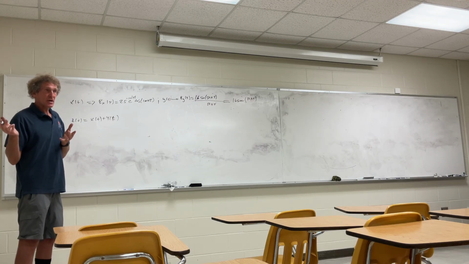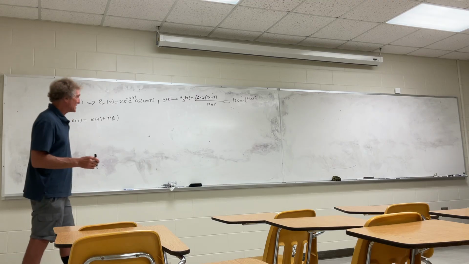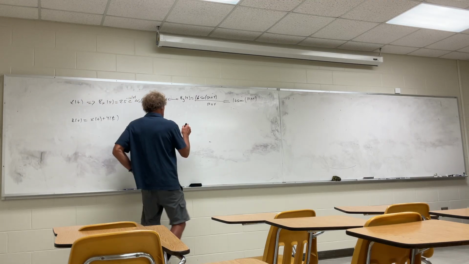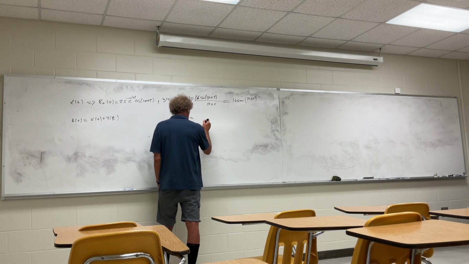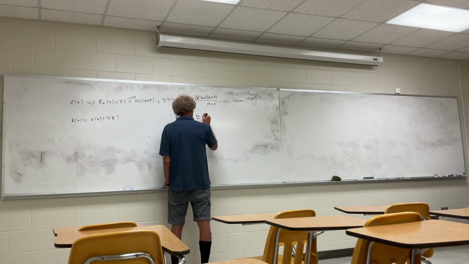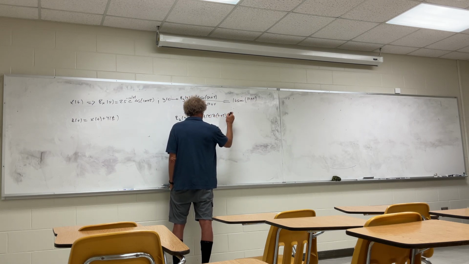Now, I would suggest you do it this way. Mathematically, just state what the definition is of the autocorrelation. So, r z of tau is really the expected value of z of t times z of t plus tau.